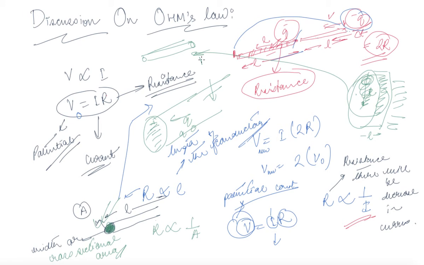So we know that the cross-sectional area is inversely proportional to your resistance. The more area that you have, the less resistance it becomes. And R is actually equal to rho L by A, where rho is the property of the matter.